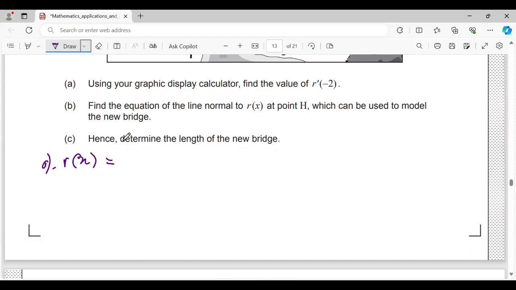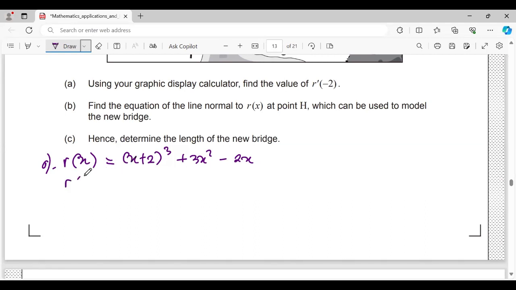R(x) equals (x plus 2) cubed plus 3x squared minus 2x.